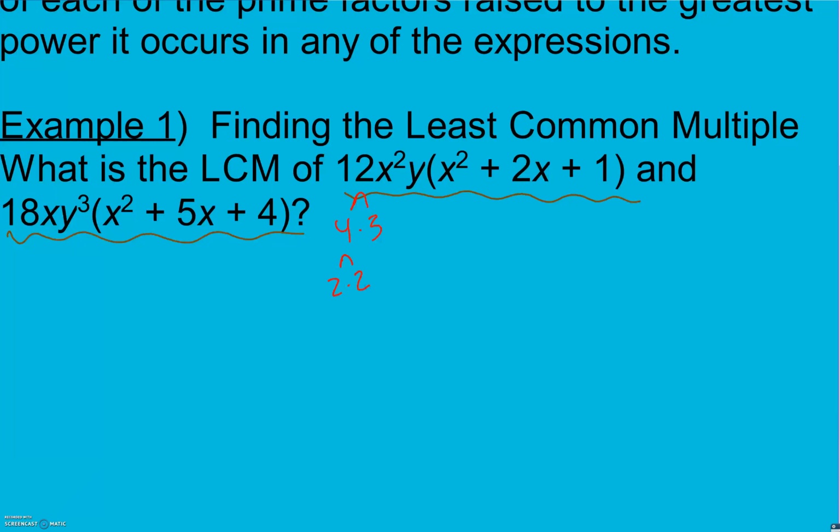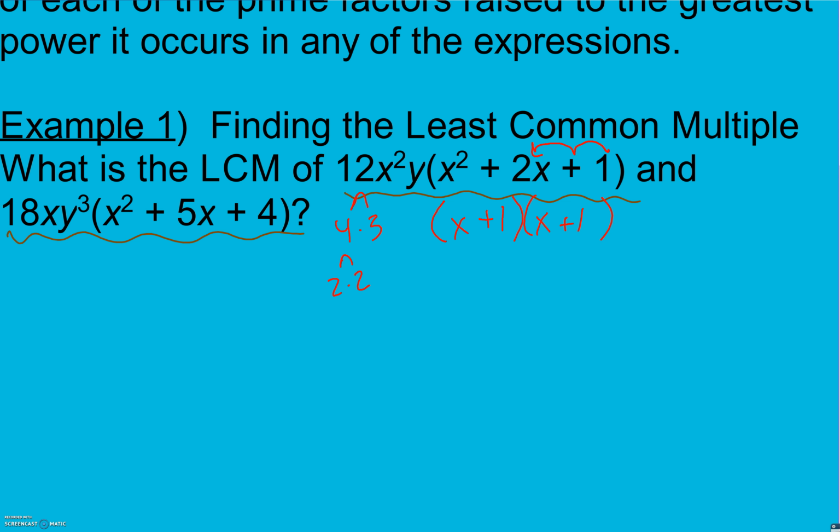So when I list my factors, x is already factored, y's are here. I need to factor as well. Factor that trinomial into 2 binomials. Multiply to 1, add to 2, positive 1, positive 1.